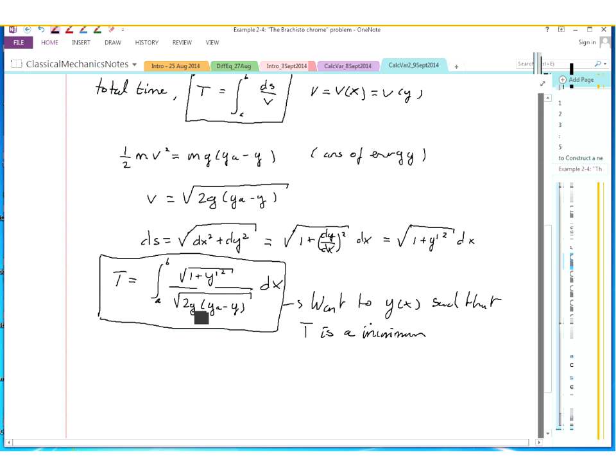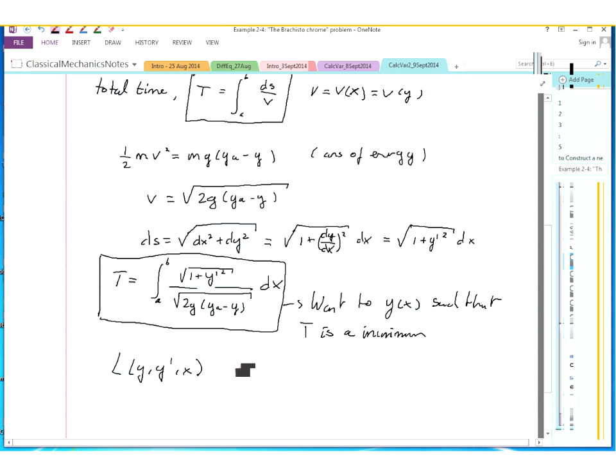So that is exactly the problem that I told you we might want to face: we have a function of y and y prime, and we want to find the condition on y of x that minimizes an integral.